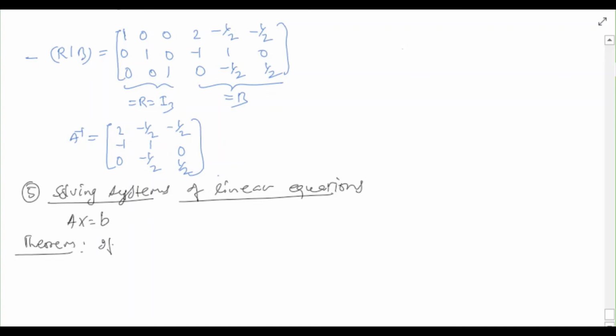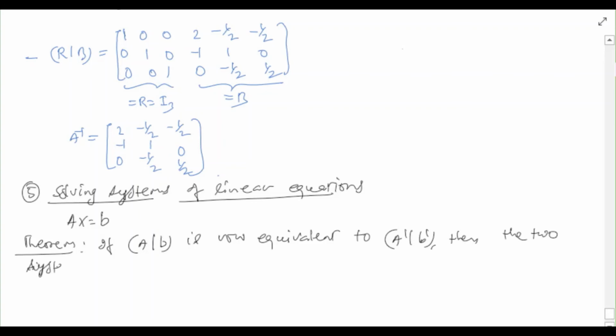It says that if [A|b] is row equivalent to [A'|b'], then the two systems, that is Ax equal to b and A'x equal to b', have identical solutions, the same solutions.